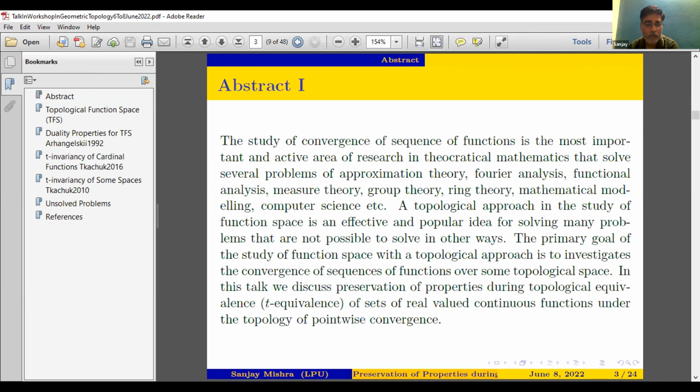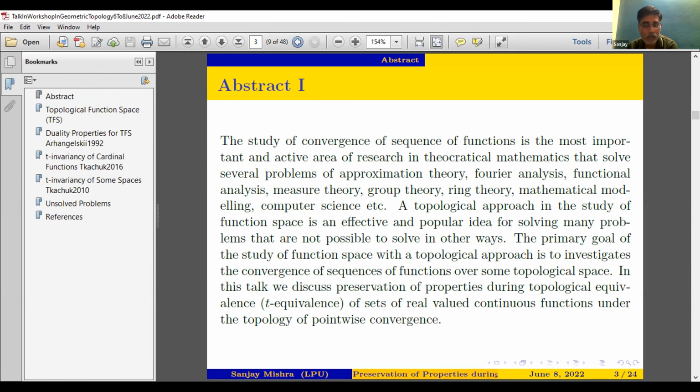The study of convergence of sequences of functions is one of the most important and active areas of research in theoretical mathematics that solves problems of approximation theory, Fourier analysis, functional analysis, measure theory, group theory, ring theory, mathematical modeling, and also computer science.